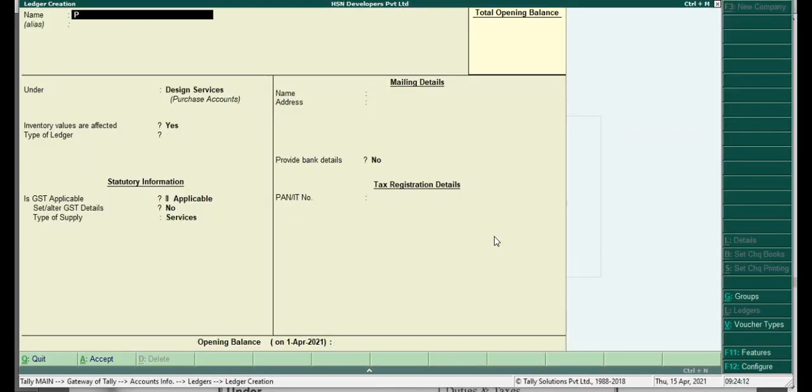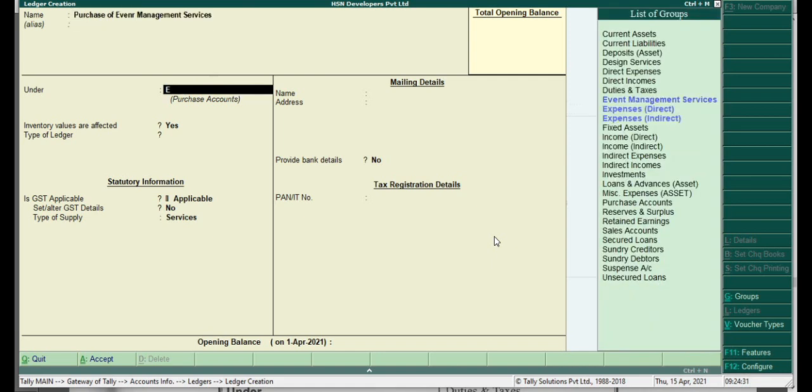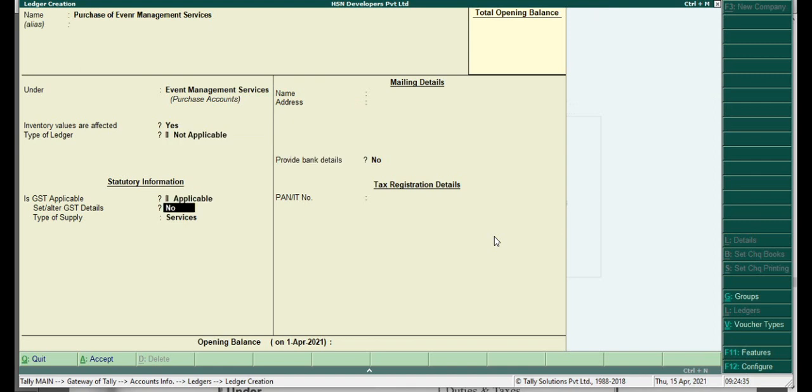Next, purchase of event management services under event management services, applicable services.